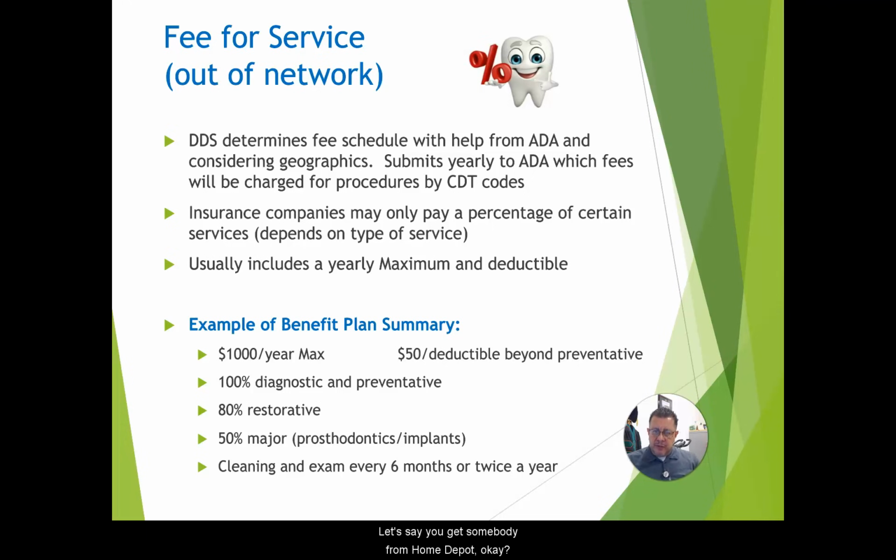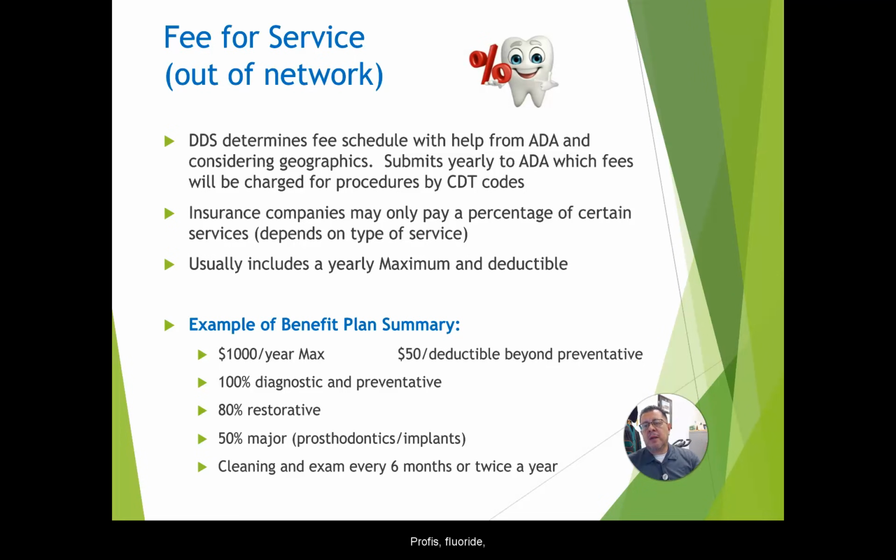Let's say you get somebody from Home Depot, and their Delta Dental PPO has a $1,000 yearly maximum. They happen to have a $50 deductible beyond preventative. What's preventative?